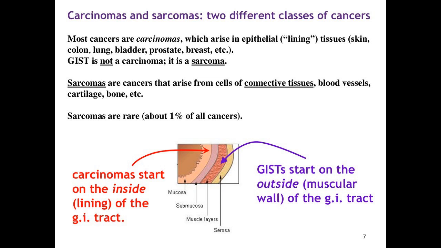GISTs, on the other hand, as sarcomas, start on the outside, actually in the muscular wall that surrounds the gastrointestinal tract. So they are sarcomas rather than carcinomas.